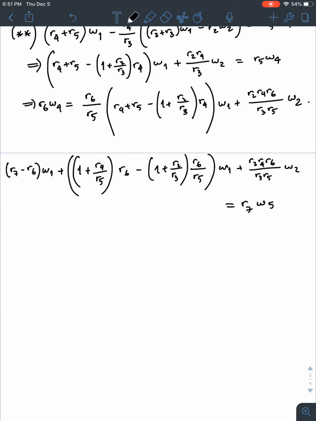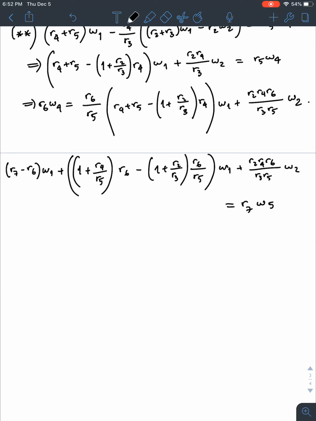So I need to massage this a little bit again, just so that it looks a bit better. So we have omega 1, so I need to take that into parentheses, and then I have to divide everything through by R7, right?